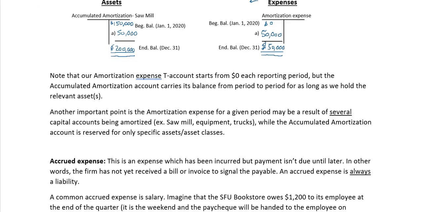Note that our amortization expense T account starts from 0 each reporting period, but the accumulated amortization account carries its balance from period to period as long as we hold the relevant asset.